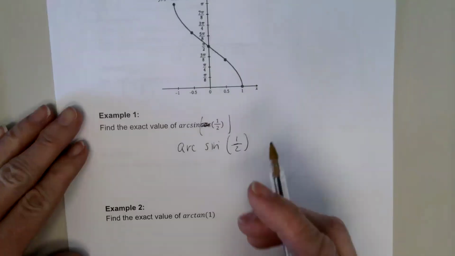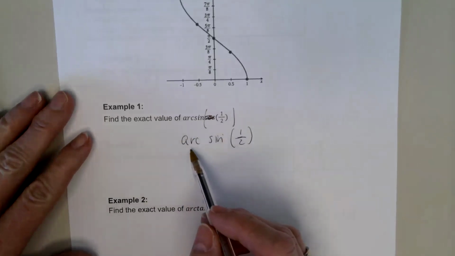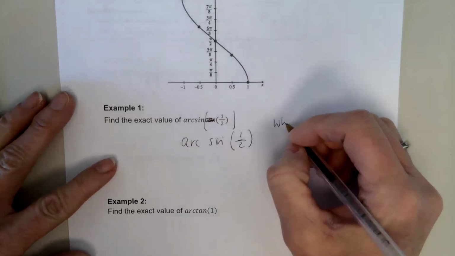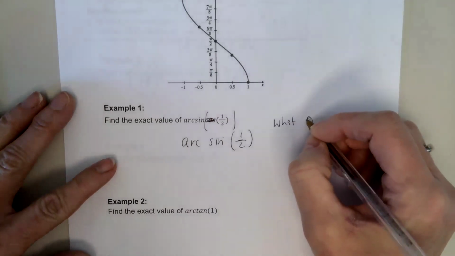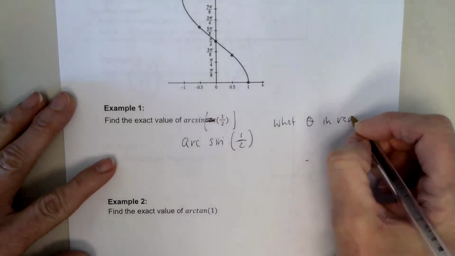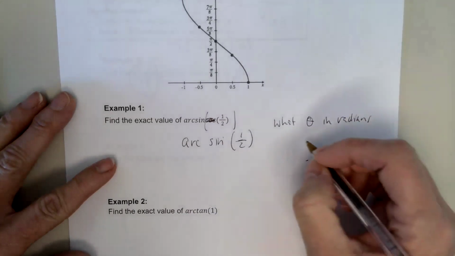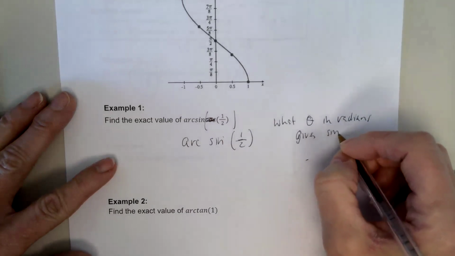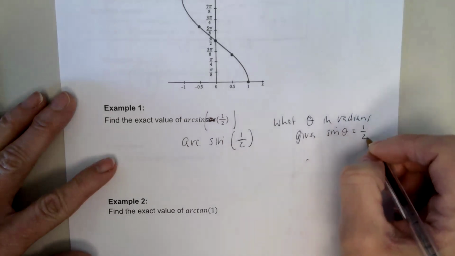So for instance, example 1 says, find the exact value of the arc sine of 1/2. So I'm asking myself, what theta in radians gives sine theta equal to 1/2?